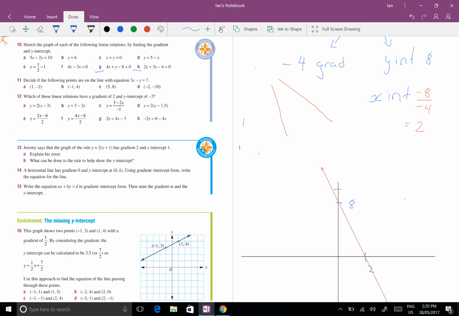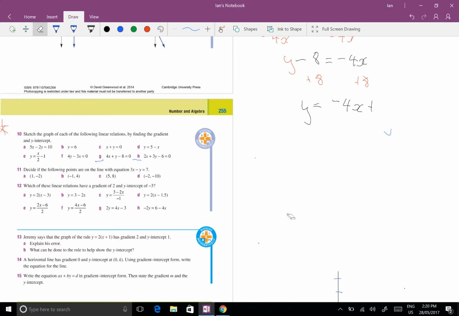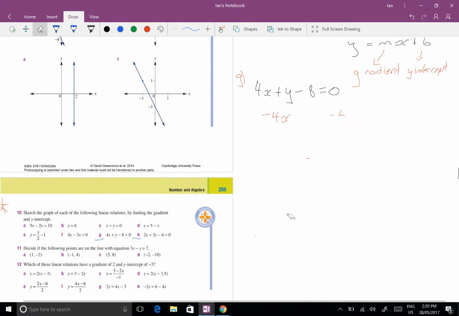So let's do the last one. And the last one is h, and we've got 2x plus 3y minus 6 equals 0. Well, let's minus that 2x first.